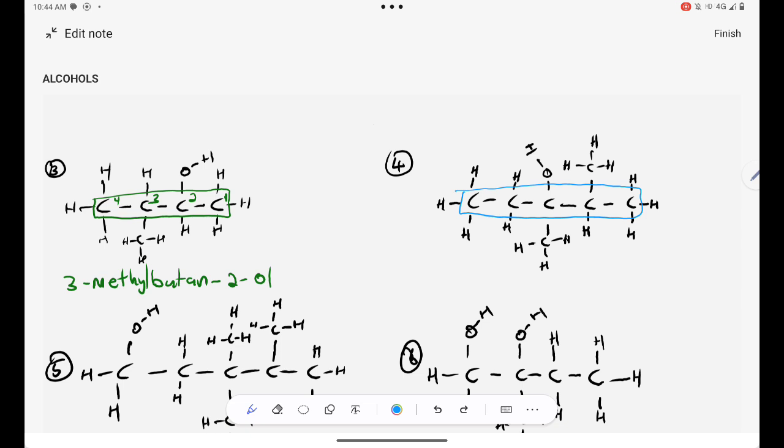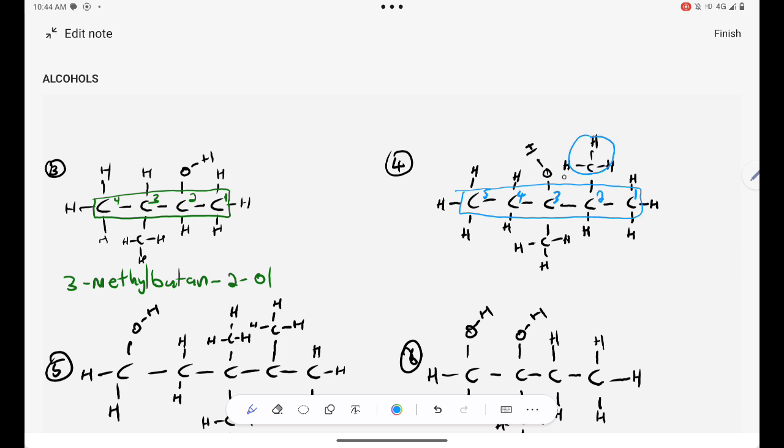If that's the case, I now need to prioritize the terminal which is closer to the side chains. So the right hand side is closer to the side chain, so this will be carbon number 1, carbon 2, 3, 4, and 5. So obviously I'm dealing with an alcohol which has 2 side chains.